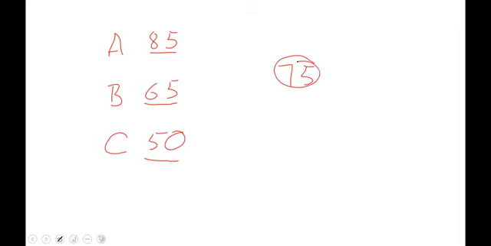Now you want to predict the grade, so you compare with each of these. This 75 is closer to 65 and 85, both equally close. Then in your algorithm you make a decision whether to take it with 65 or 85. Let's say we take it with 85, so we put it into this class.